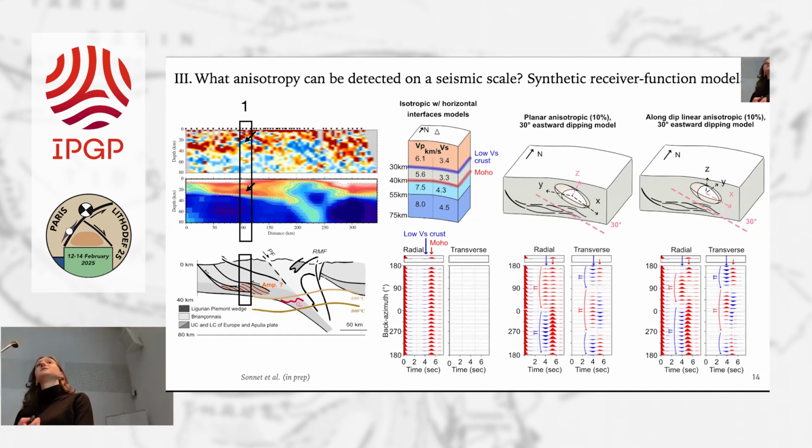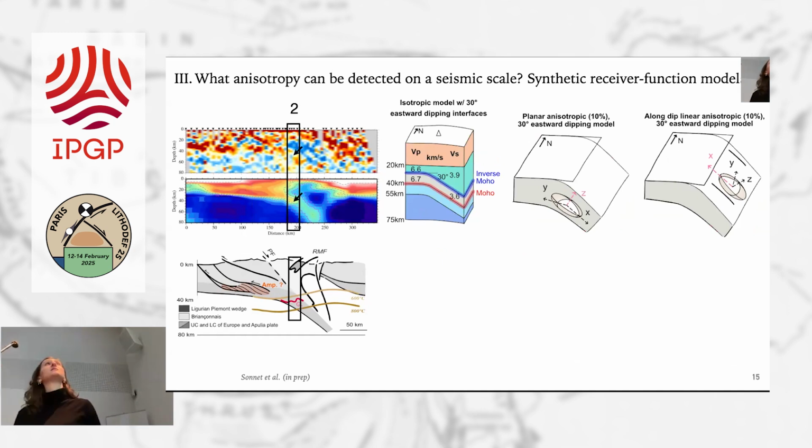And this diminution of the amplitude, if the velocity contrast is strong enough, could even change the sign of the conversion. Then we did the same exercise at a station above the potential transformation front. So this time we have some dipping interface, and I'm only showing you two models.